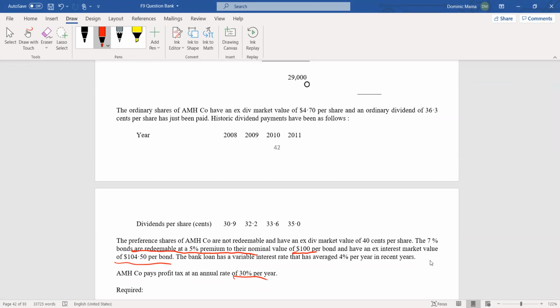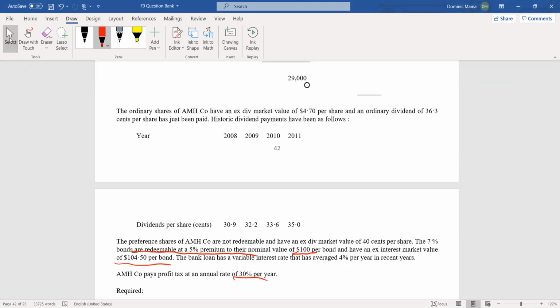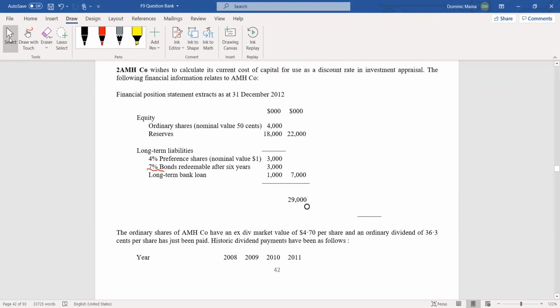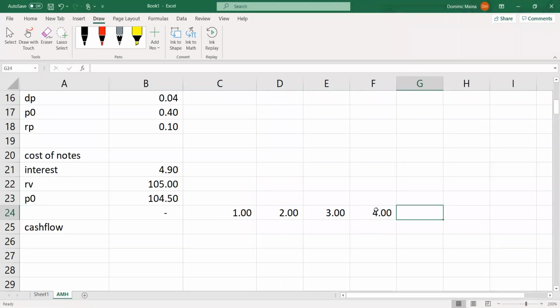Yes, redemption occurs in year 6. So you have year 4, year 5, and year 6.